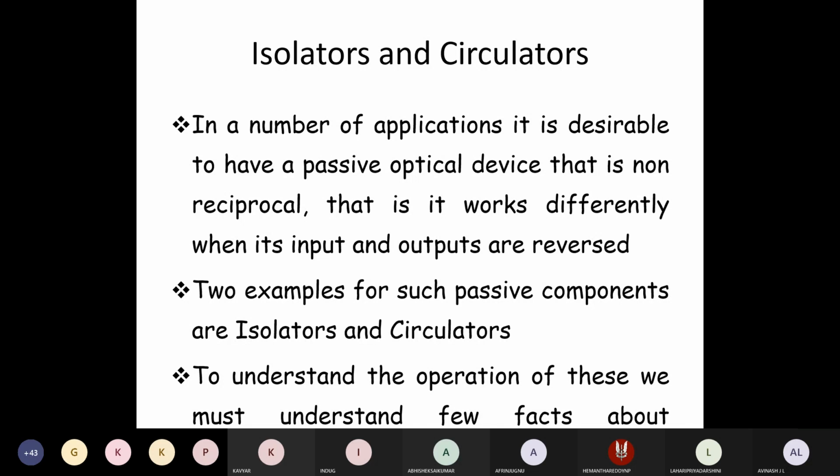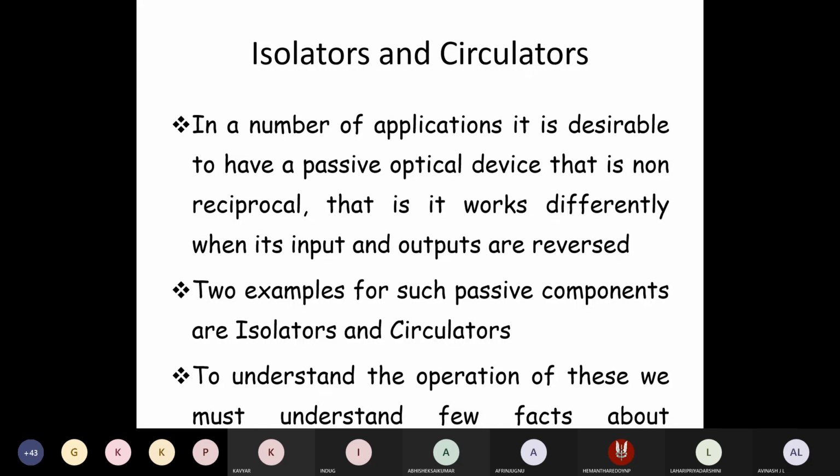So I can make a note of this. In a number of applications, it is desirable to have a passive optical device that is non-reciprocal.